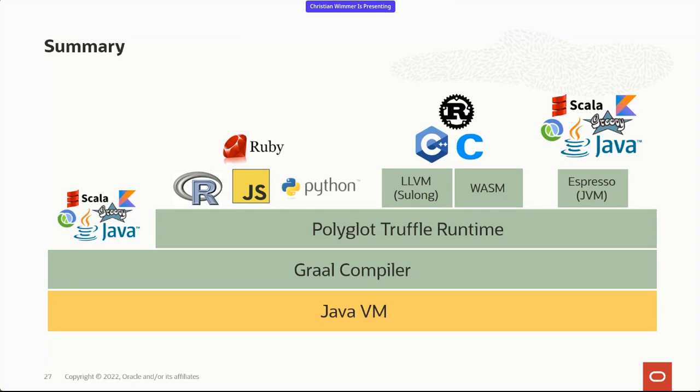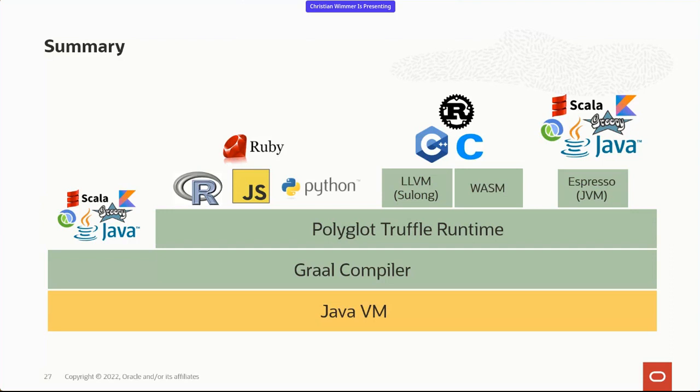The thing that glues everything together is the Graal compiler. I didn't have time today to talk about it in detail, but it's one compiler that makes all of these languages fast, and everything is based on top of the Graal compiler.